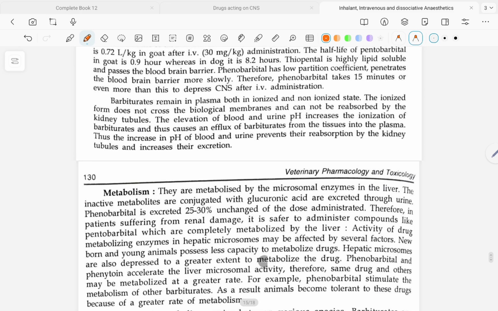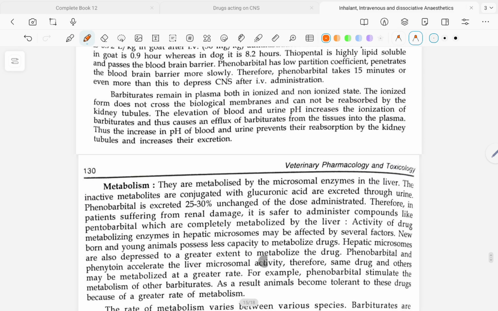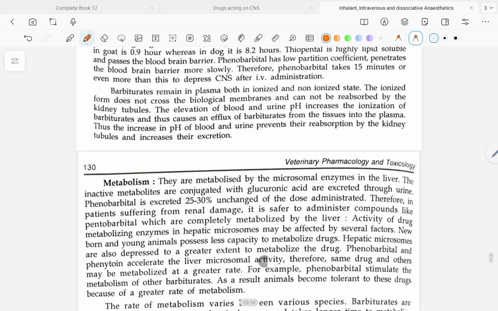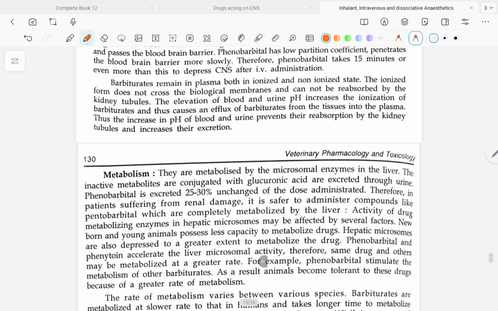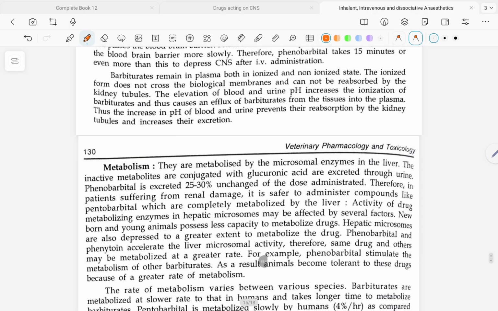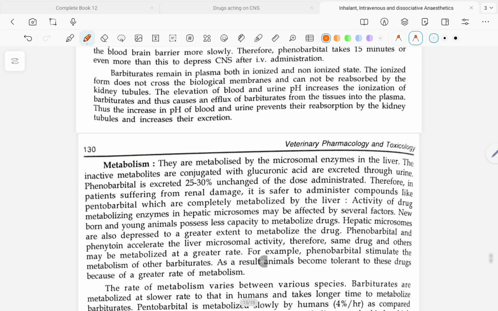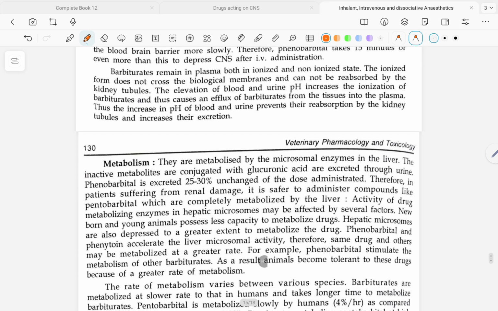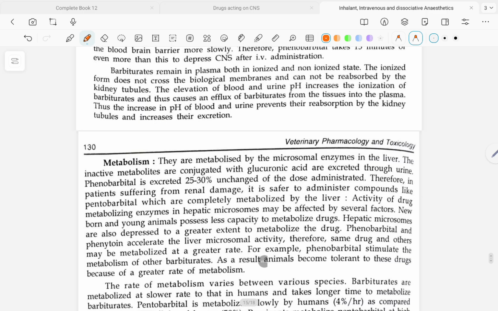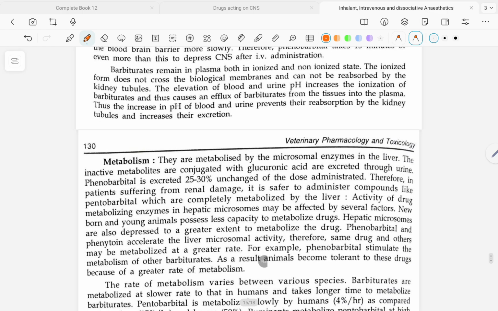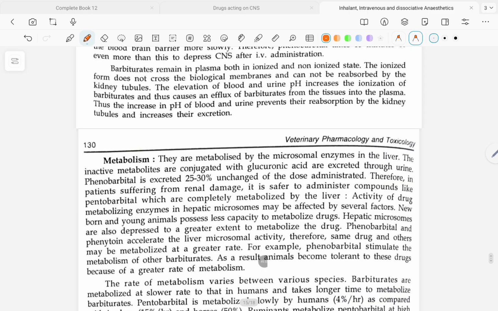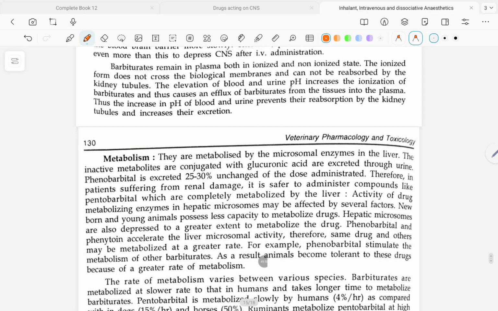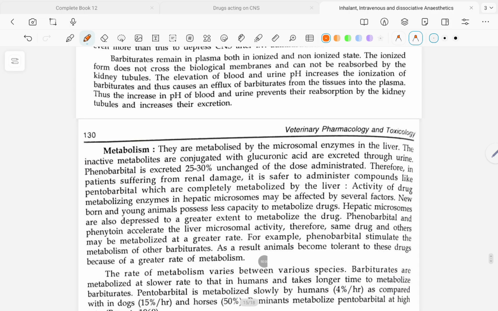The ionized form does not cross the biological membrane and cannot be reabsorbed by the kidney tubules. The elevation of blood and urine pH increases the ionization of barbiturates and thus causes an efflux of barbiturates from the tissue into the plasma. Thus, the increase in pH of plasma and urine prevents their reabsorption by the kidney tubules and increases their excretion.